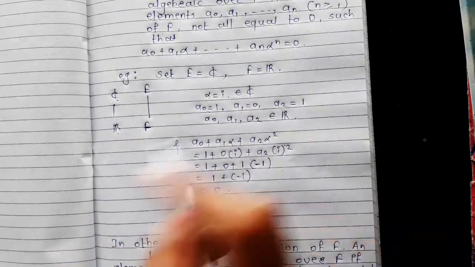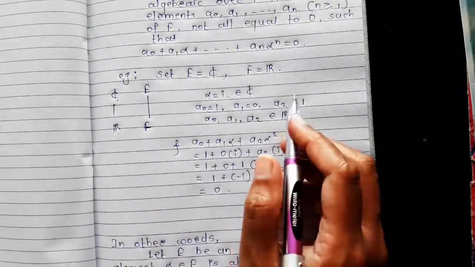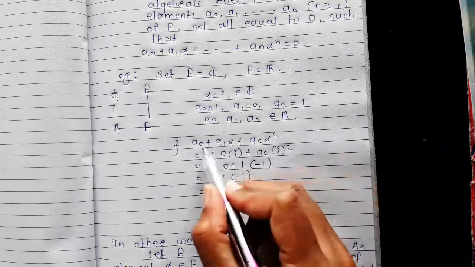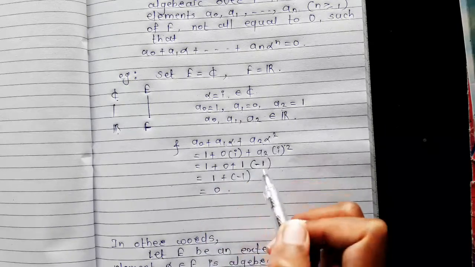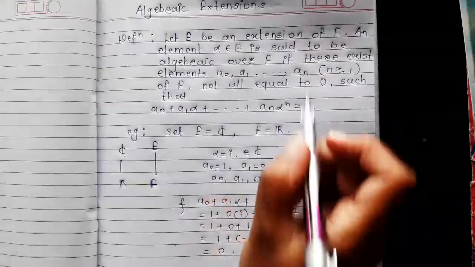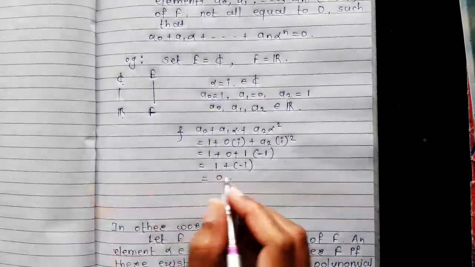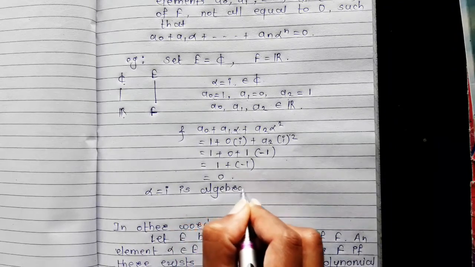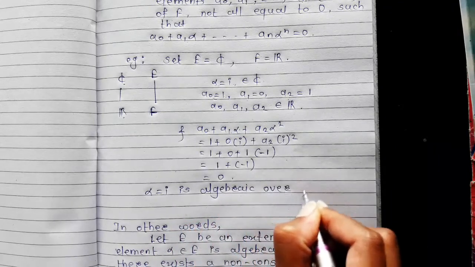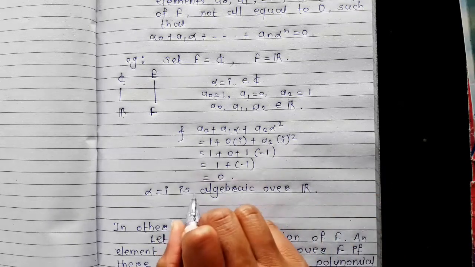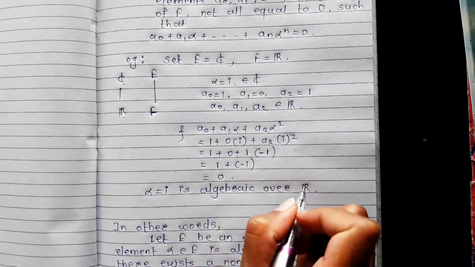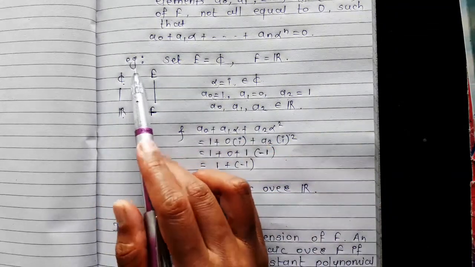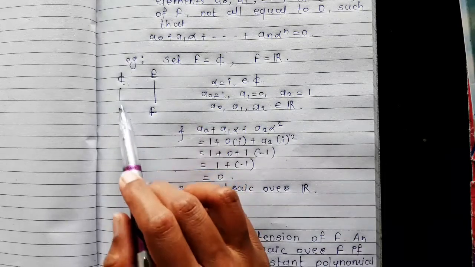That is, for alpha belonging to the set of complex numbers, we get a0, a1 and a2 belonging to the set of reals, such that a0 plus a1 alpha plus a2 into alpha square equals 0. So by this definition we can say that alpha equals i is algebraic over the set of real numbers, where this alpha belongs to the set of complex numbers, and the set of complex numbers is an extension of the set of reals.